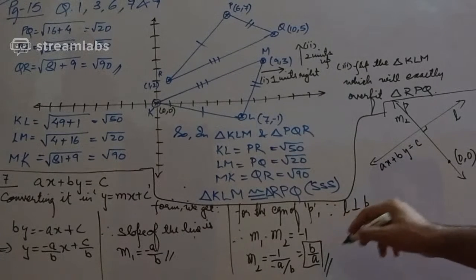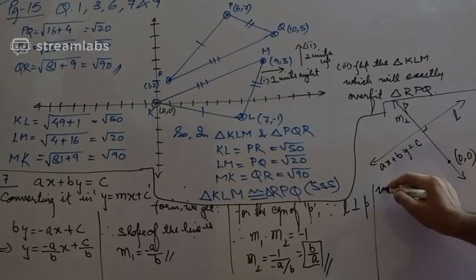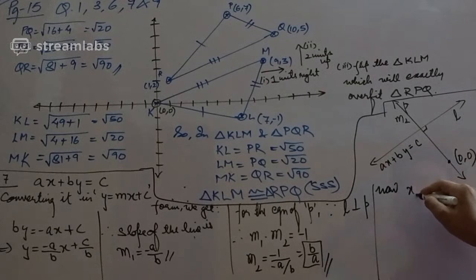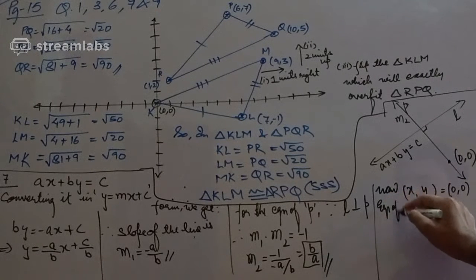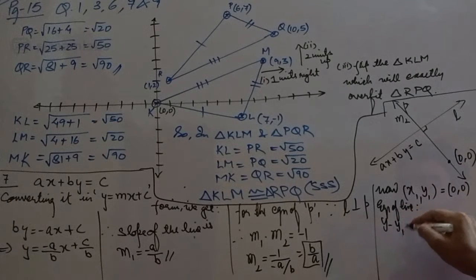Once we have got the slope, now for the equation of line, we have x1 comma y1 as 0 comma 0. So the equation of line can be written as y minus y1 equals m into x minus x1. We can use the slope-point form.